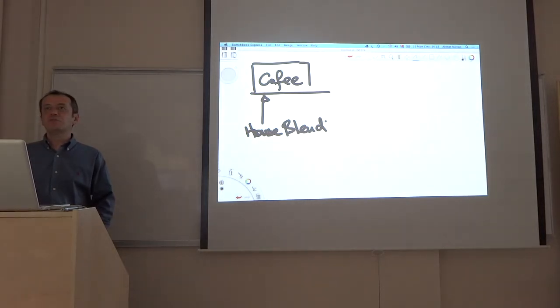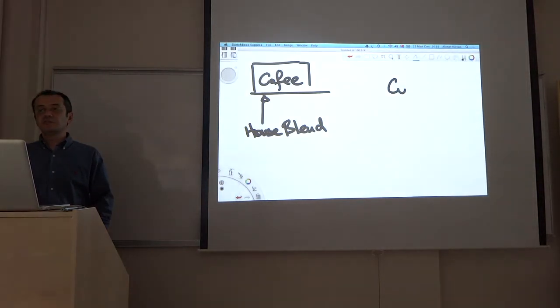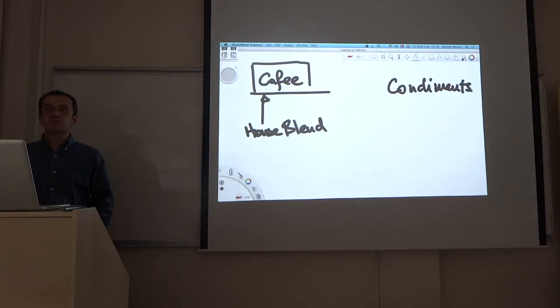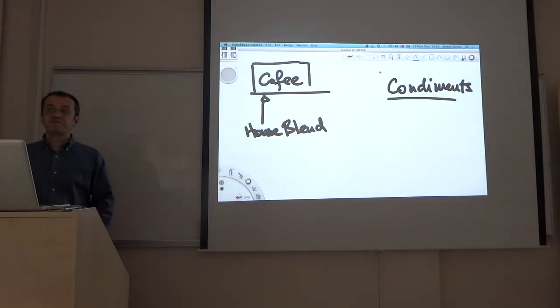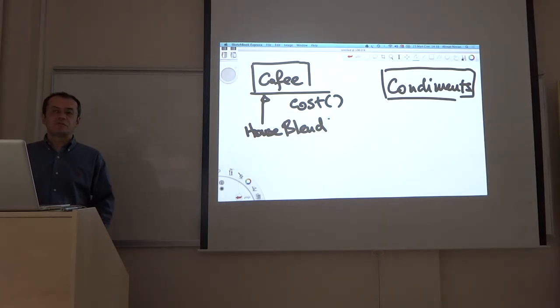What would you be doing about that? But there's also condiments. What would you like to do? And for all of them, I need to have a method that will be returning me the cost of it.